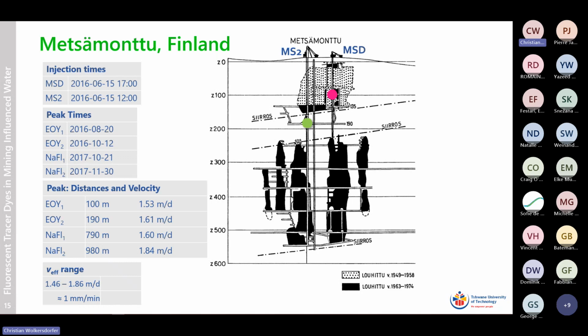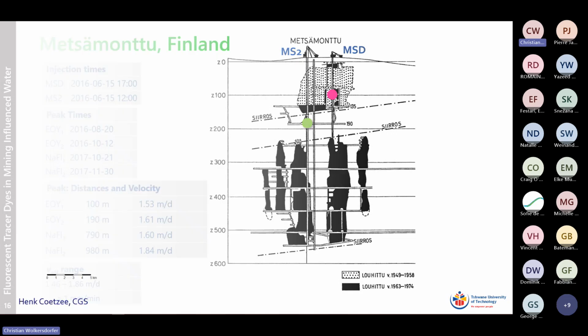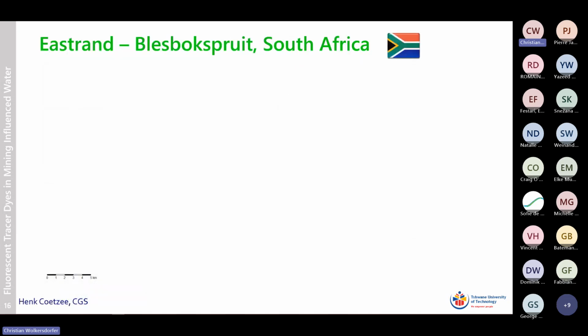And you can clearly see the water there, Elke said that before, is roughly standing in that mine. So that's one of the mines that we chose to understand and find out why in some mines the mine water is flowing extremely slowly. So that was the background for that tracer test here. It was not 1 meter per minute.